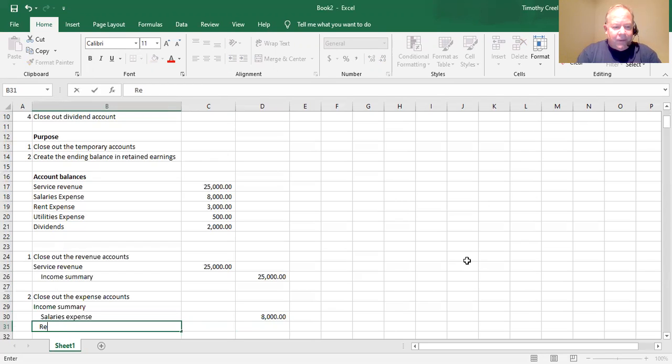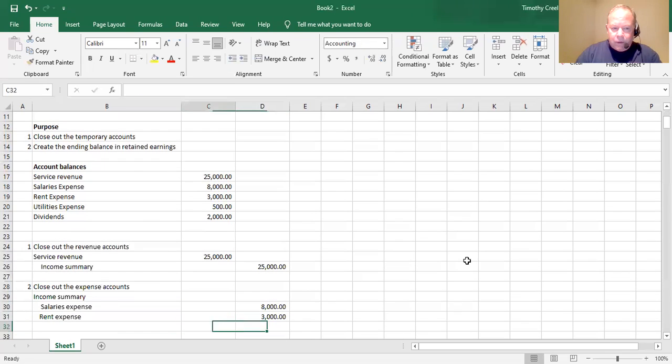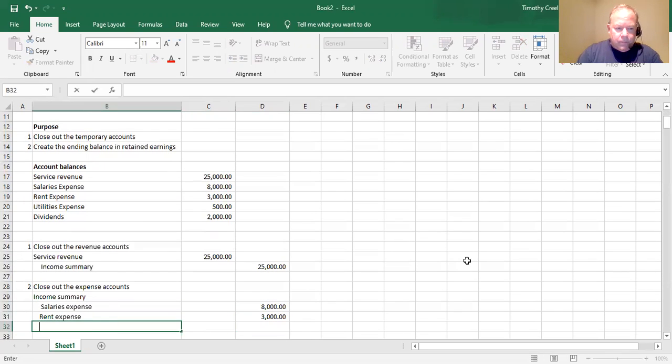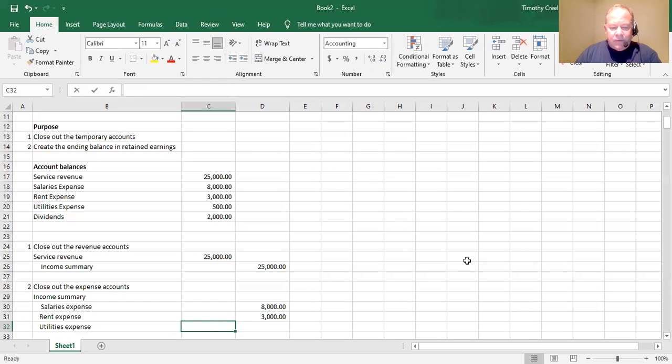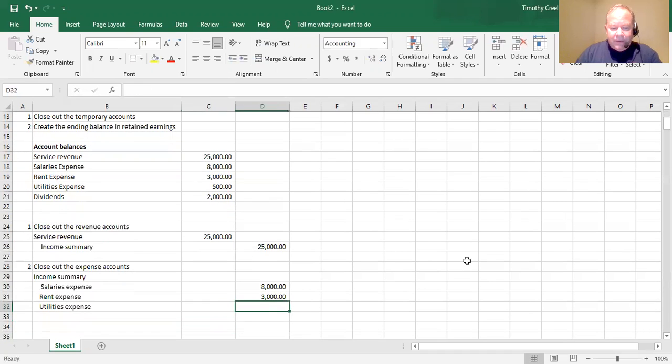We then also have a rent expense, and that's going to be a credit of $3,000. And then we have a utilities expense, and that would be a credit for $500.